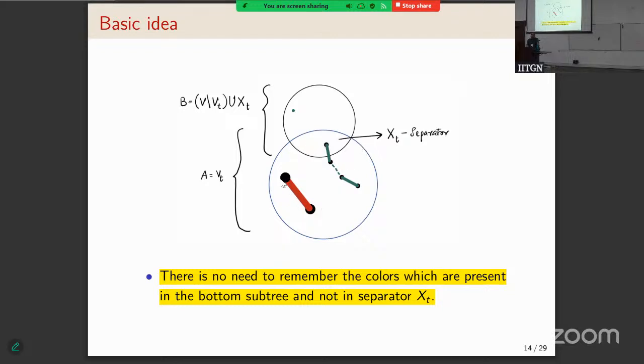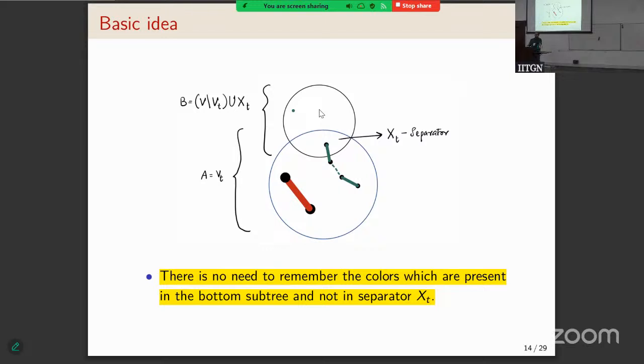Consider some edge in A minus X_t, say its color is red. If that color is not present on any edge incident on any vertex in X_t, then my claim is that that color will not appear in B. The reason is very simple.